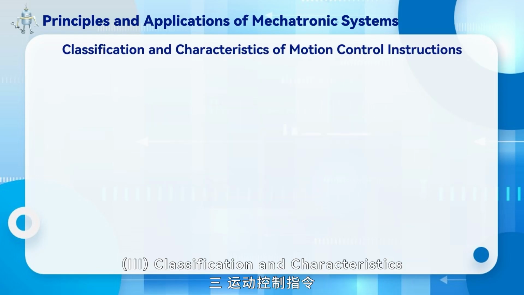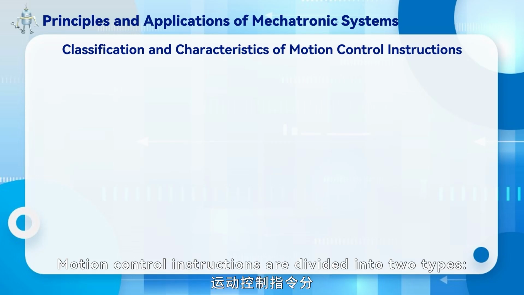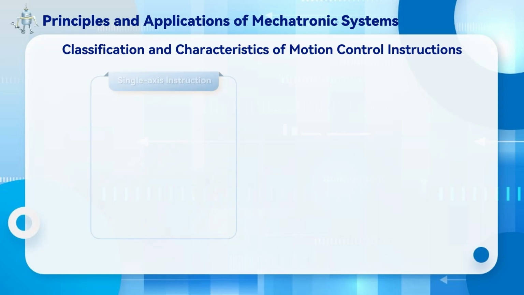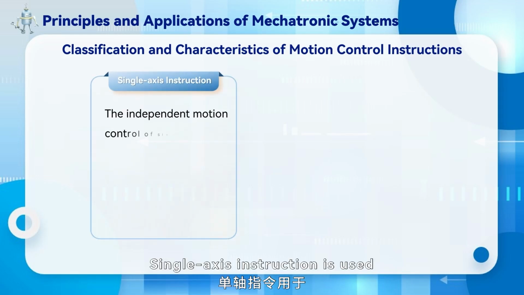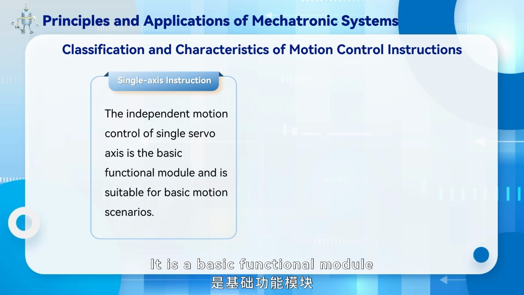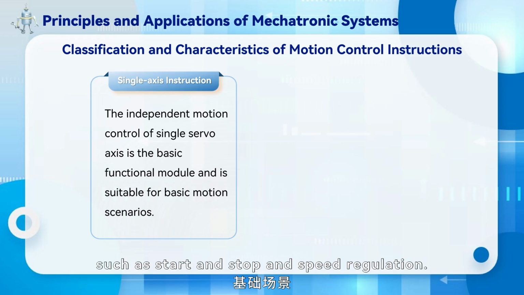3. Classification and characteristics of motion control instructions. Motion control instructions are divided into two types: single-axis and axis group. Single-axis instruction is used to control the independent movement of one single motor. It is a basic functional module and is suitable for basic scenarios such as start and stop and speed regulation.